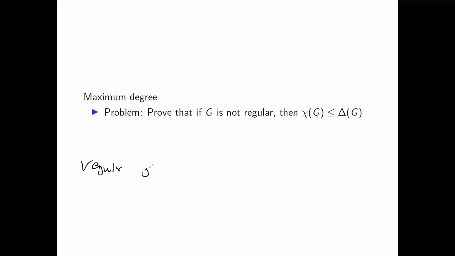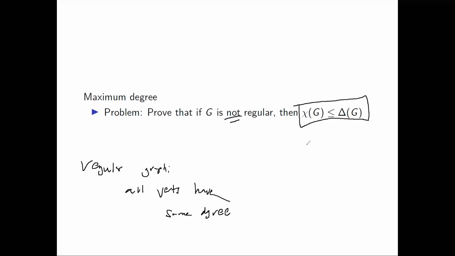Regular graph, all vertices have the same degree. So prove that if G is not regular, then we can get a slightly better upper bound. We can say that the chromatic number is at most the maximum degree. So the upper bound we had before was maximum degree plus 1. So show that we can actually say it's at most the maximum degree.